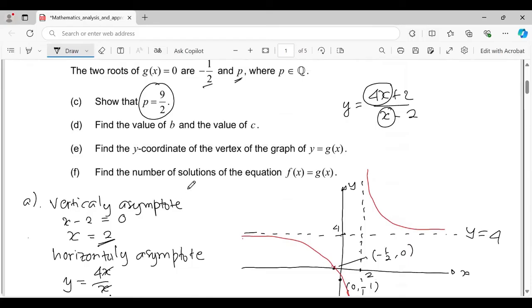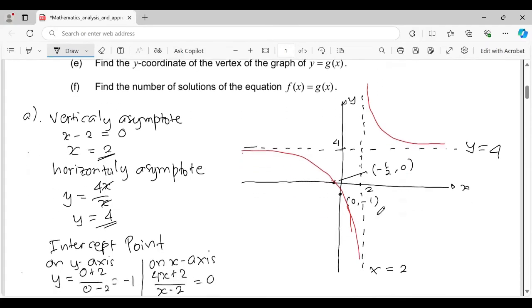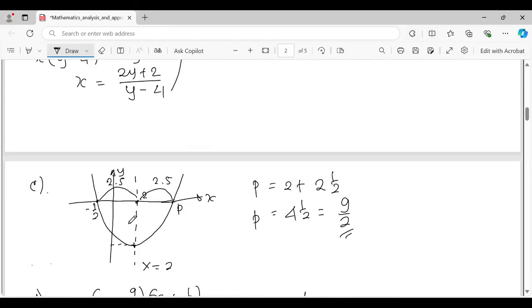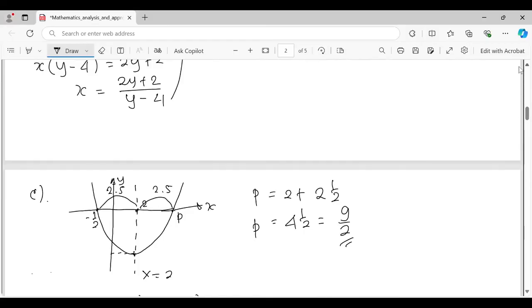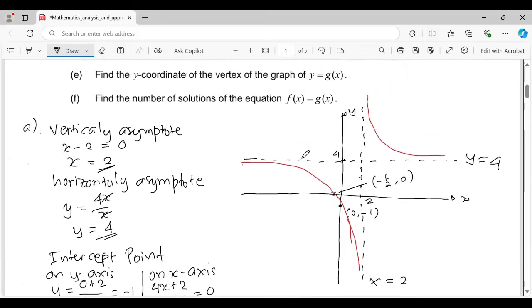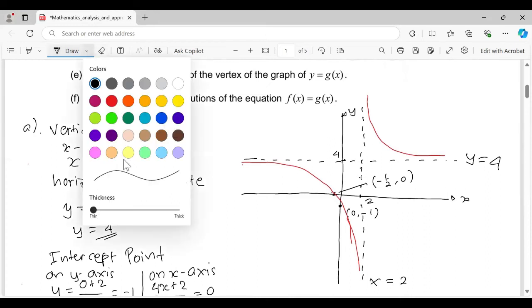Find the number of solutions of the equations fx equals gx. Right. This is the graph of fx, and this is the graph of gx. Now I'm going to sketch gx here, using a different color.